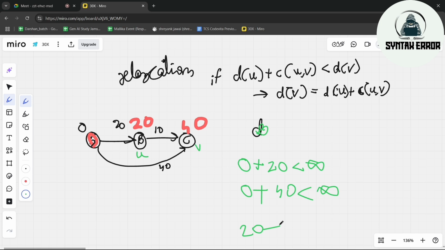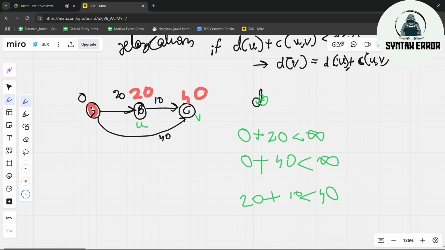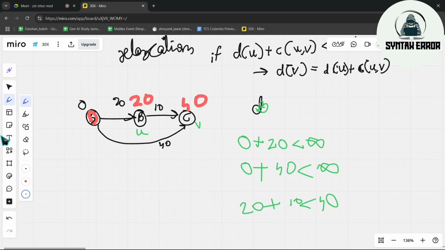C of u is 10. 20 plus 10 is 30. If this one is less than d of v, what is d of v? 40. So if this is less than that, then what we have to do? We have to update our d of v with d of u plus c of u, which is 30. So now our new distance at C is 30.